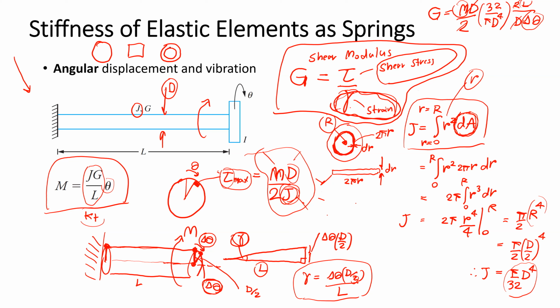We need to review how to obtain J for the different cross sections, but for this, we give an example when the cross section is a complete circle. If we only want to leave it in terms of J, actually it's easier.